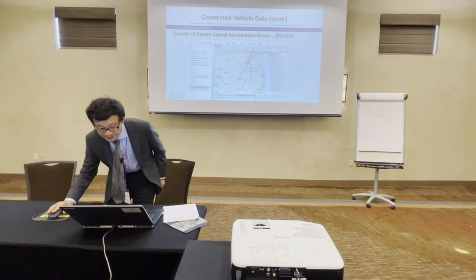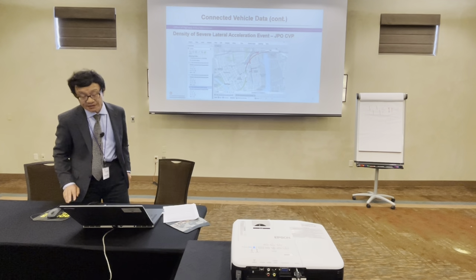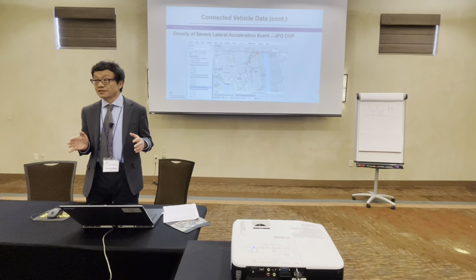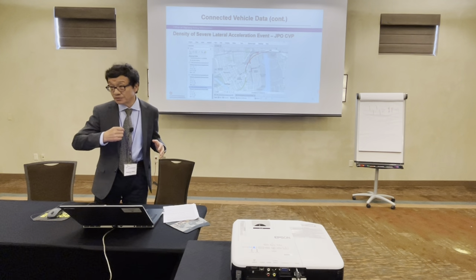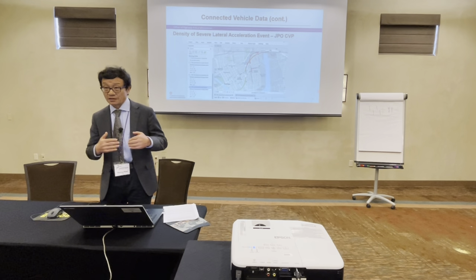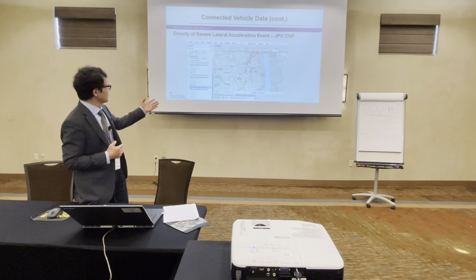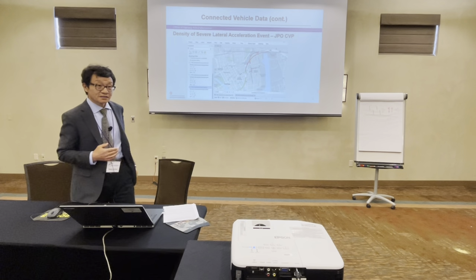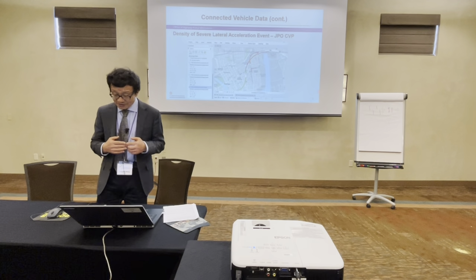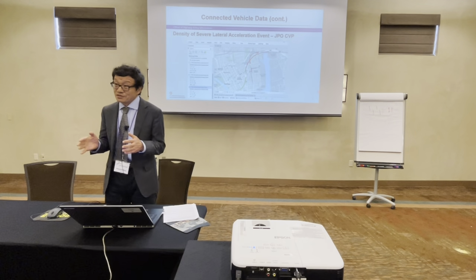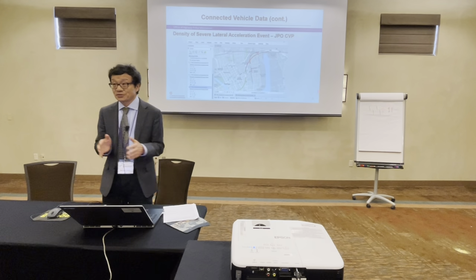Okay, next one. This map similarly just shows the density of another type of acceleration. As we mentioned, in addition to longitudinal acceleration, it also has a lateral acceleration. It shows that type of event, and so we can understand the traffic varying when the driver changes lanes from one to another.